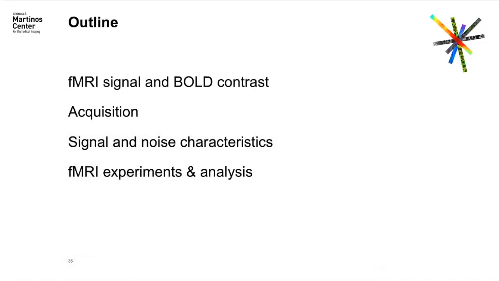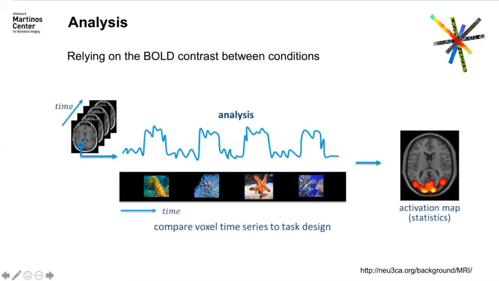Then in the last part, I will show you some typical fMRI experiments and how to analyze those. Typical fMRI analysis relies on looking at the different contrasts between different conditions.